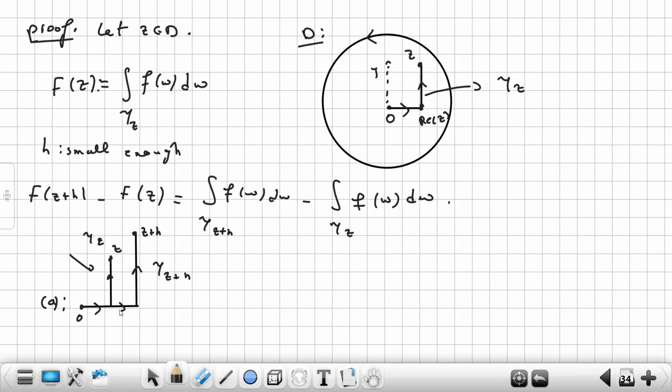Now we are integrating over gamma z plus h and over the reverse direction of gamma z. Since we have a minus sign here, we are integrating over these two curves.